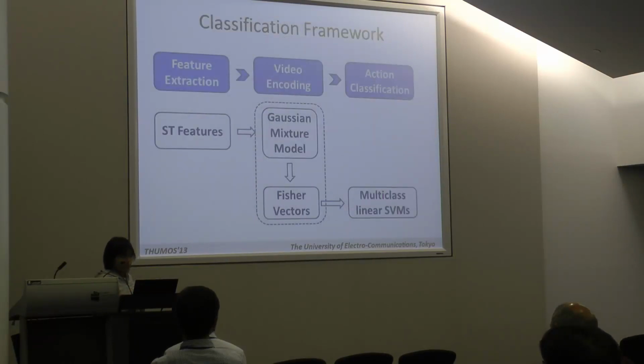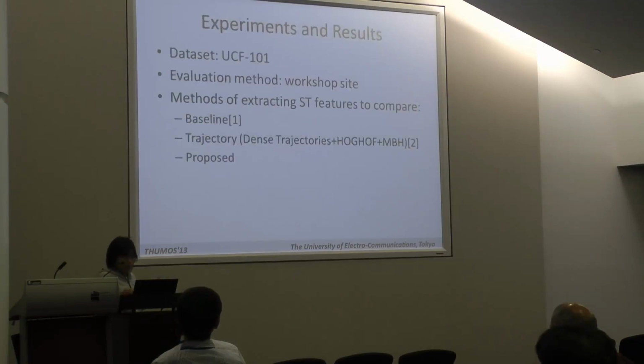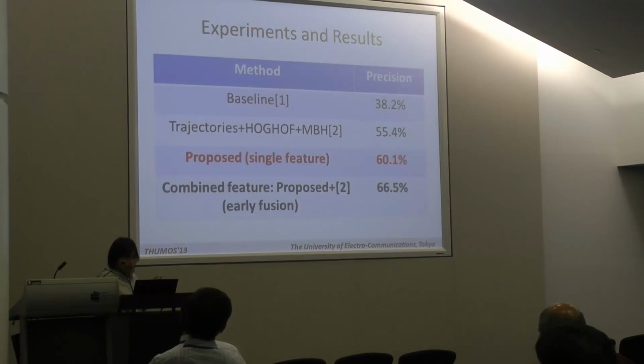After feature extraction, we apply vector encoding to encode the videos, and we use a multiclass linear SVM to perform classification. We conduct experiments on the UCF101 dataset and compare our method with the baseline and the dense trajectory-based features. Here are the results.